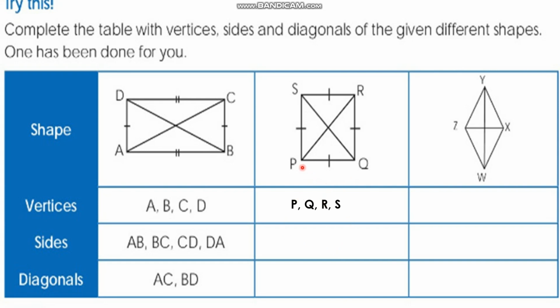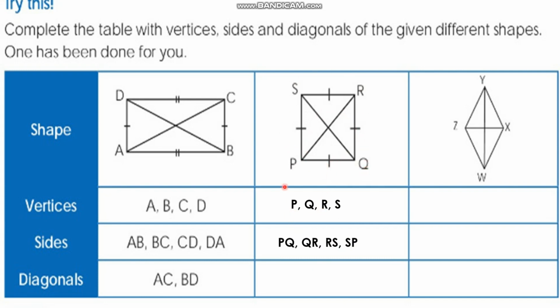Now let's name the sides. PQ. PQ is a side. QR. QR is a side. RS. RS is a side and SP. SP is another side. So PQ comma QR comma RS comma SP. These all are the sides of this square.